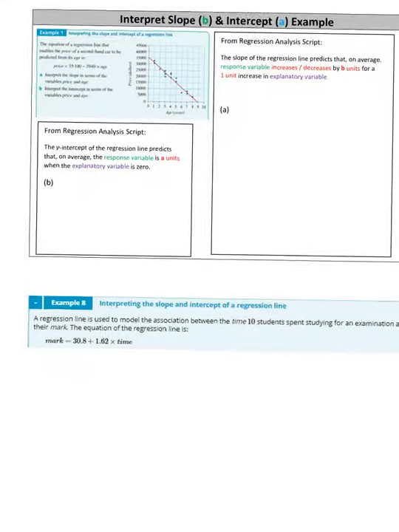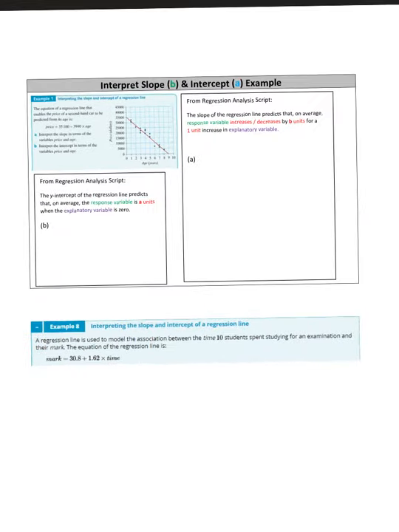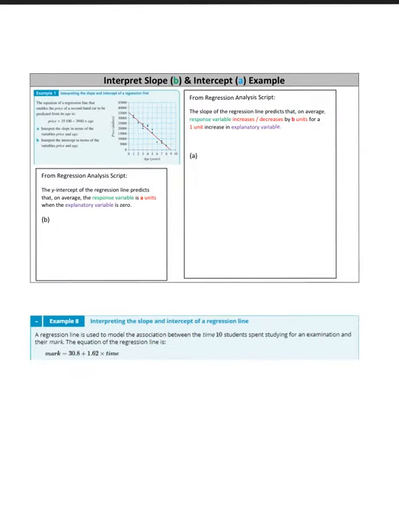Alright, so we all know that the equation of the least squares regression line is our RV equals A plus B times our EV, and we get our A and our B values by putting the data in the calculator, or it's given to us depending on the question.